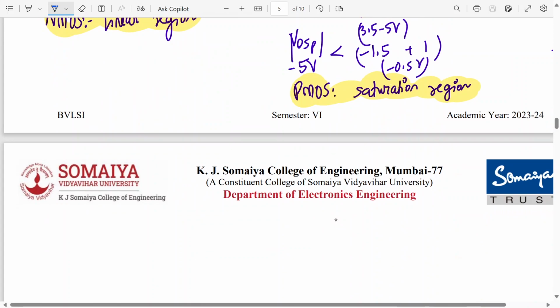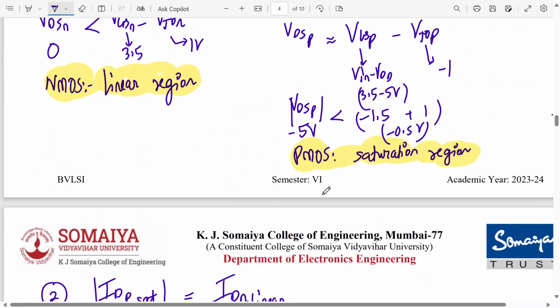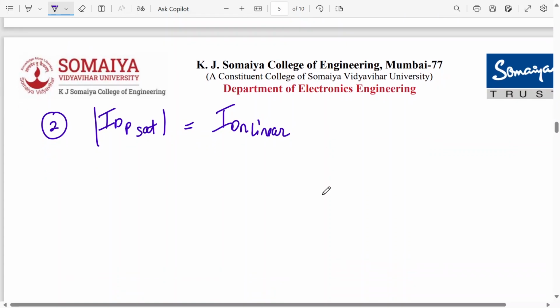Let's proceed forward. Next step, point number 2. IDP sat mod of it is equal to IDN. We equate the two, linear. We should know PMOS is operating in saturation and NMOS is in linear. We know the equations now. So the ID sat equation is Kp by 2 times VGSP minus VTOP the whole square.